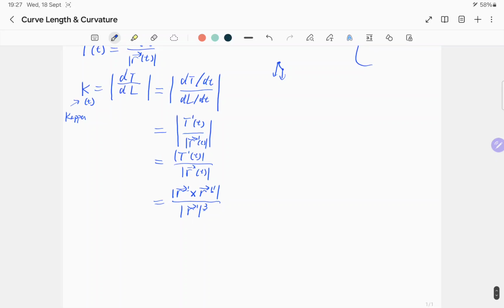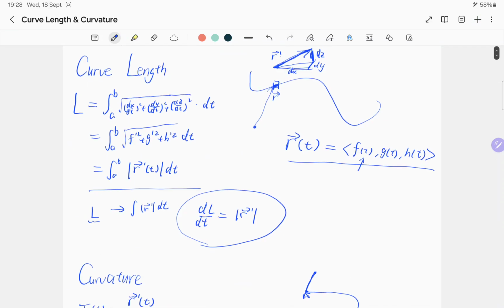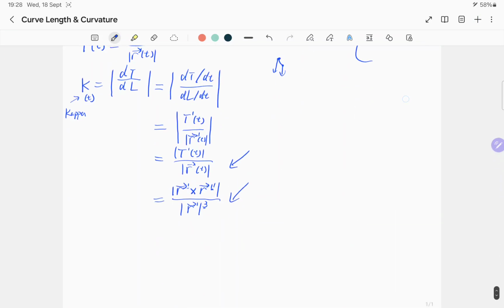And that is how you remember it. Its proof is a little bit complicated, so you can prove it by yourself. Now we know two ways of finding the curvature of a curve. One is through the unit vector, and the other is the 1, 2, 3 rule. So that's all for the curve length and the curvature.